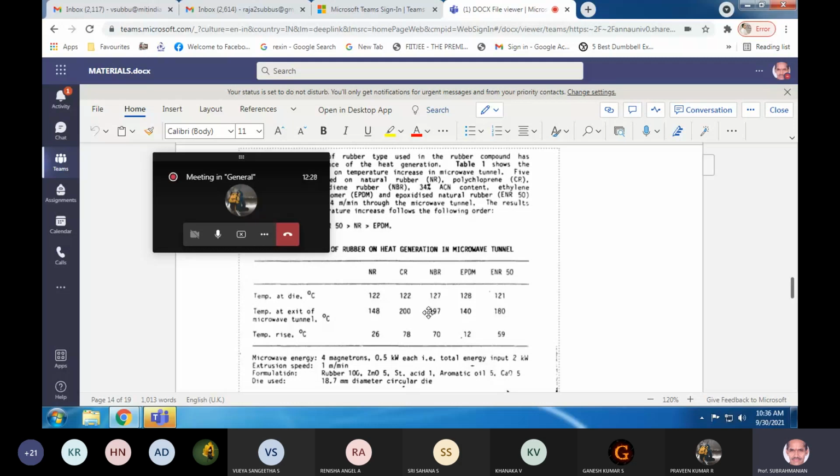Aromatic oil does affect cross-linking properties. That is the nature of the cross-linking mechanism, as well as after cross-linking. Naphthenic oil, its function is purely during the course of processing. All right. So you must know this difference.